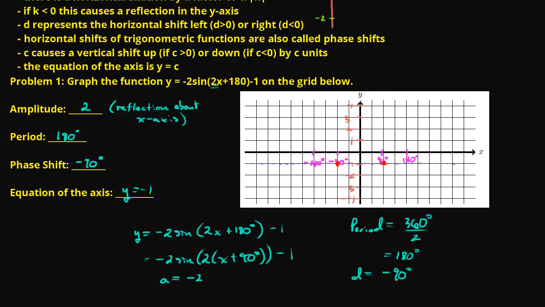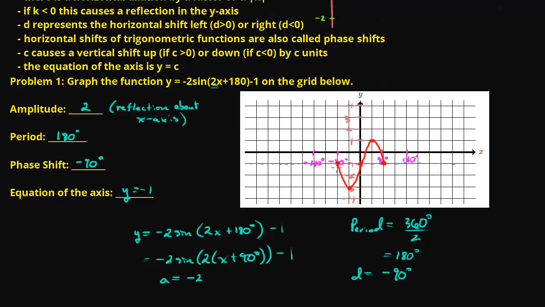Now, a quarter of 180 degrees is 45 degrees. So we're going to have a minimum after 45 degrees. And the minimum is -3. So we'll have a minimum here. We'll cross the equation of the axis after the next quarter of the cycle. And then we'll reach a maximum after the next quarter of the cycle. So a single cycle looks something like this. So that's 1 cycle.